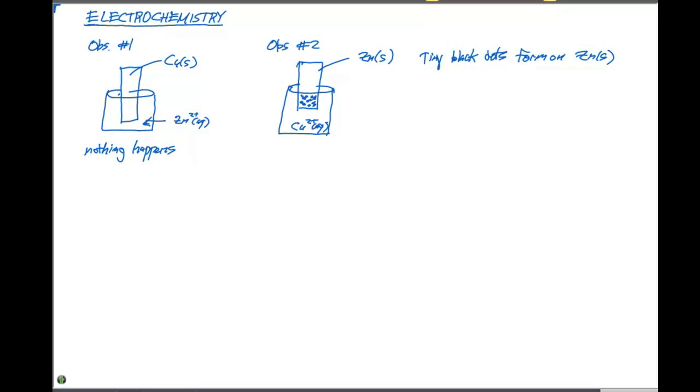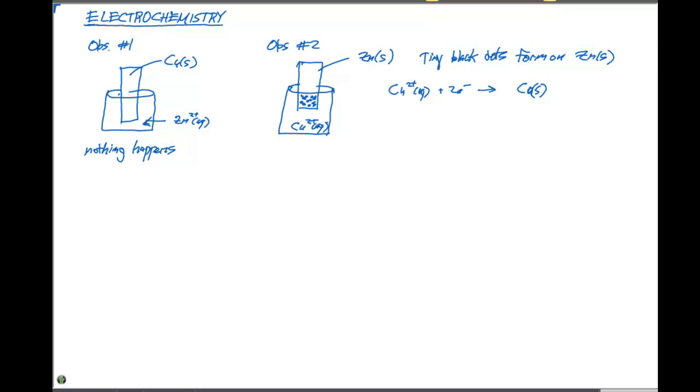One of the theories that was introduced was, well, maybe we take the copper 2+ from the solution. If we add 2 electrons to this, we will get copper solid. And that copper solid is going to form on that zinc layer.